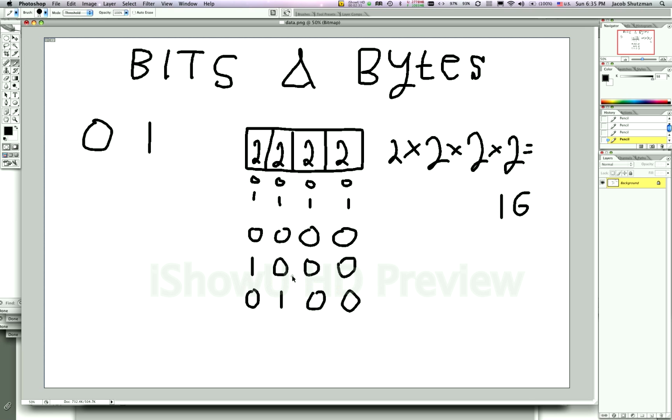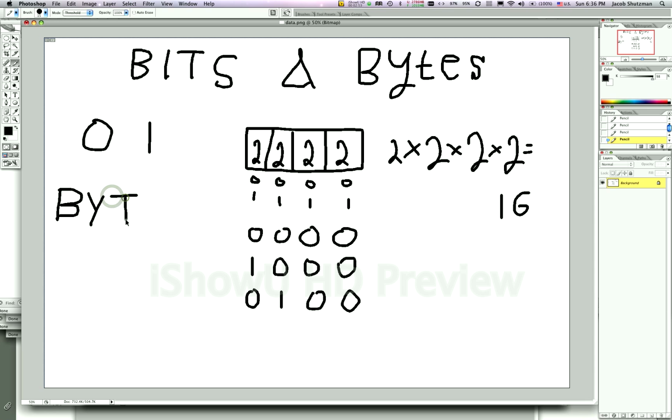And I'm sure that by now you already are able to list all the possibilities, which are 16 different possibilities, so 16 different codes.